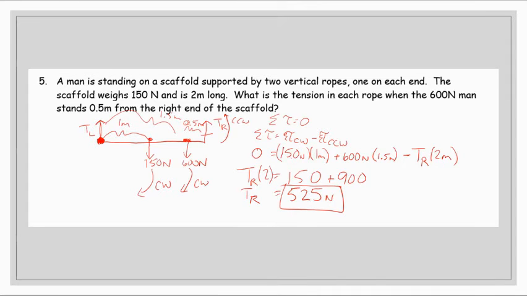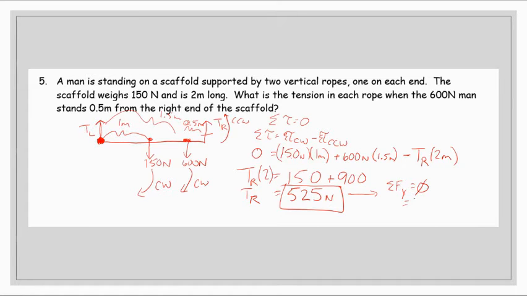Now I need to look at what's my tension in my left. What I need to use for that is my sum of forces. My sum of forces in my y equals 0. I'm not paying attention to my sum of forces in my x, so I don't even need to look at it. What are those forces?